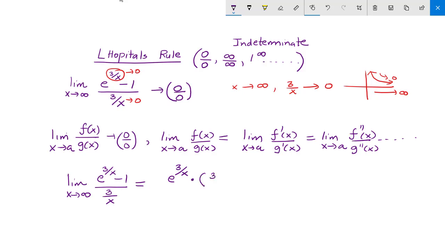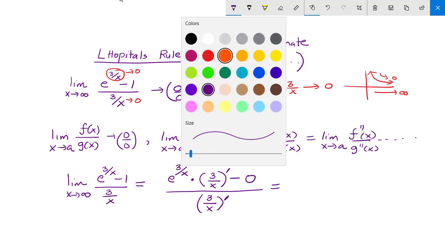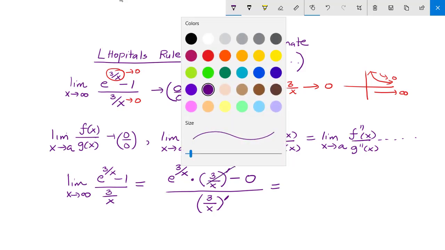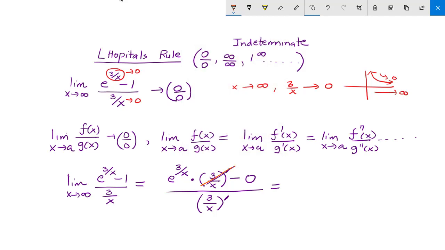So by chain rule, I must multiply with the derivative of 3/x, minus the derivative of 1, which is a constant, so 0, all divided by again the derivative of 3/x. If you want, you can calculate the derivative or just leave it like that in this particular question, because the derivative of 3/x in the numerator and denominator will cancel out.